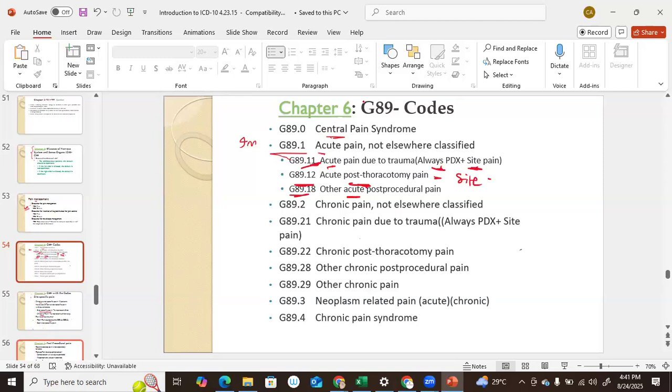When we have post-procedural pain, we have to use G89.18 and specify the site separately.